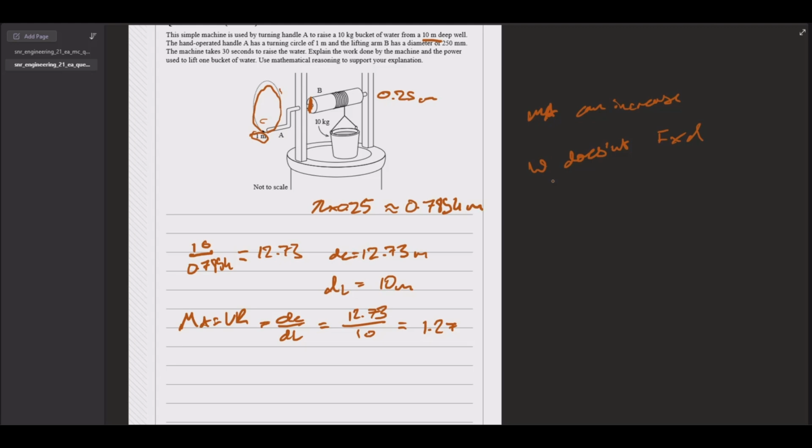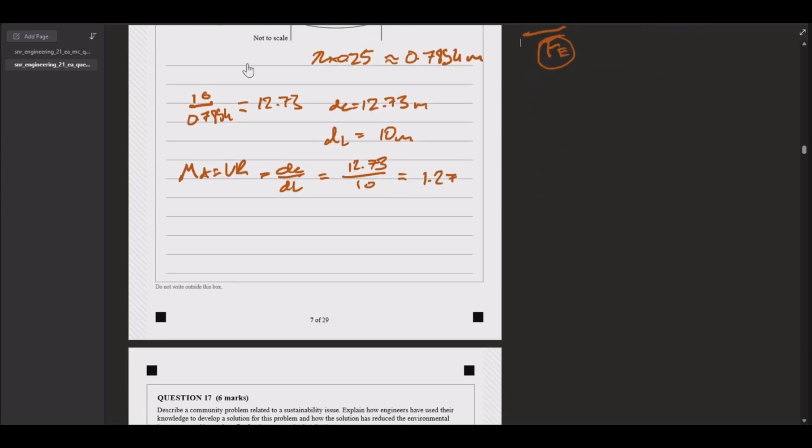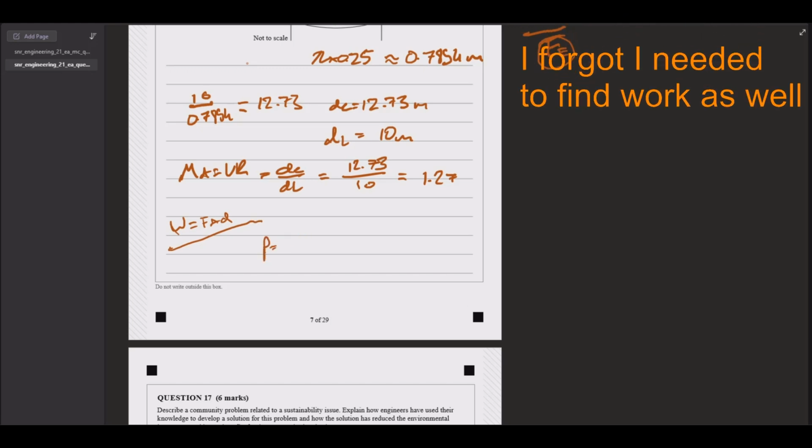Mechanical advantage only affects the force that you apply at the effort. It does not affect work. So this first half of the question is irrelevant from the second, which is where we're going to go work equals force times distance, and then we are not going to actually fill in that formula, make it a bit easier on ourselves, and substitute it over here.